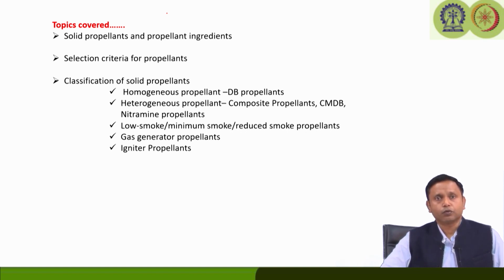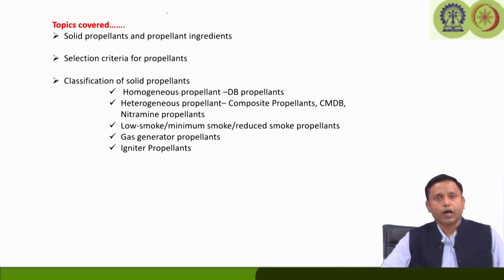So, in order to have minimum smoke propellants, we need to make sure that it does not contain any metal particles. On the other hand, it should not produce any kind of chlorinated substance as well. Ammonium perchlorate as an oxidizer is going to give a trail of HCl, and sometimes water also can condense in low temperature air, and that can also give some whitish color in the exhaust.